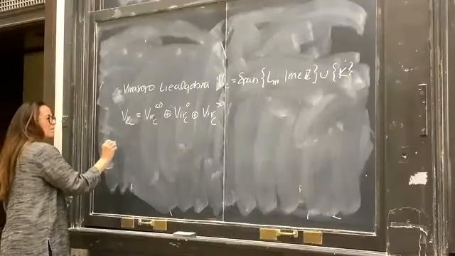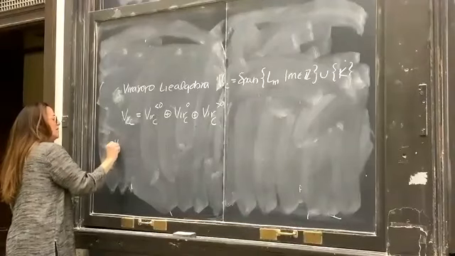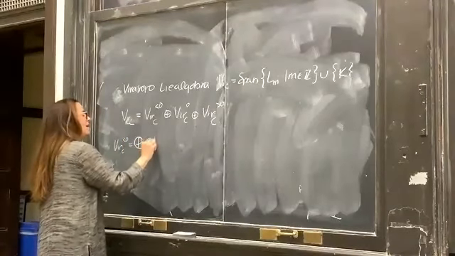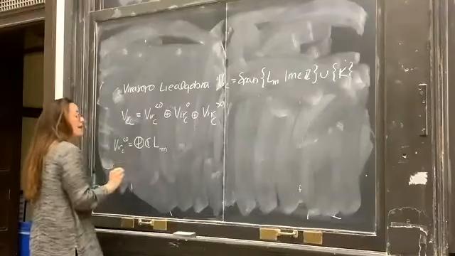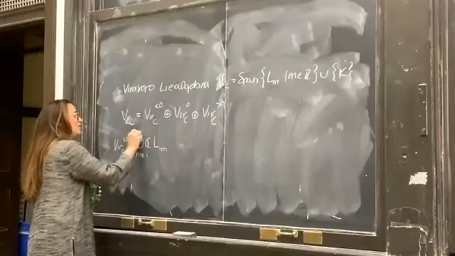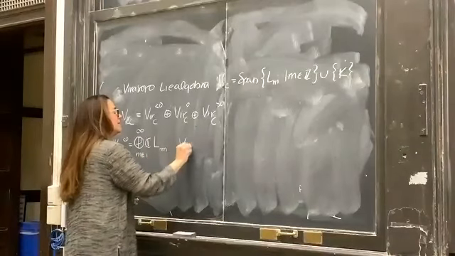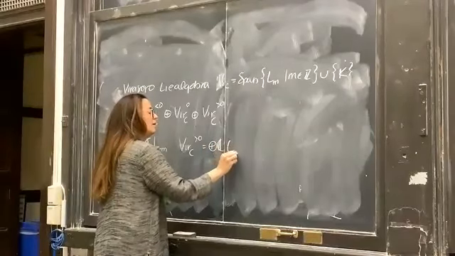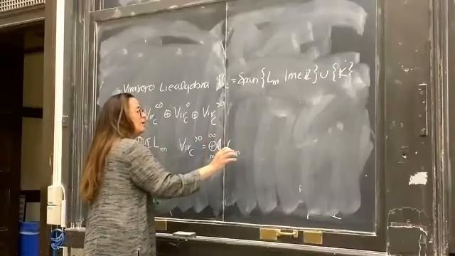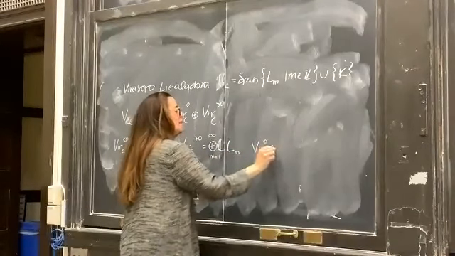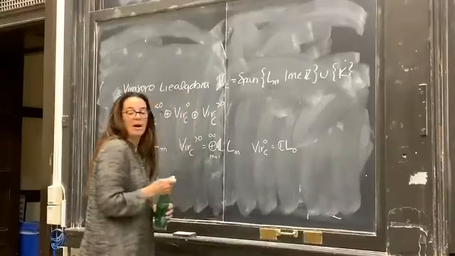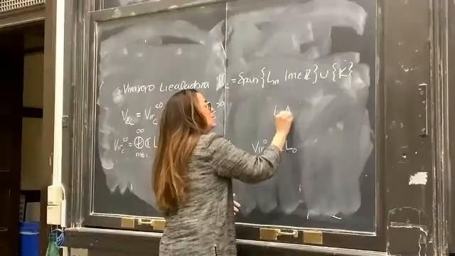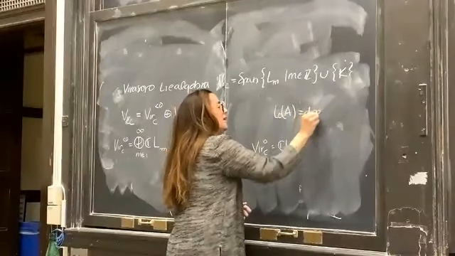The negative part is the span of the operators L_{-n}, where n goes from 1 to infinity, and the positive part is just the other ones, from 1 to infinity. The middle part, the degree 0 part, is the span of the L_0 operator. It's a grading operator: if you apply it to an element, it'll tell you its grade.